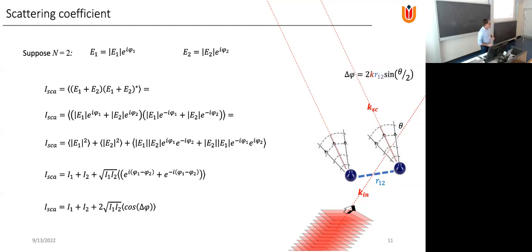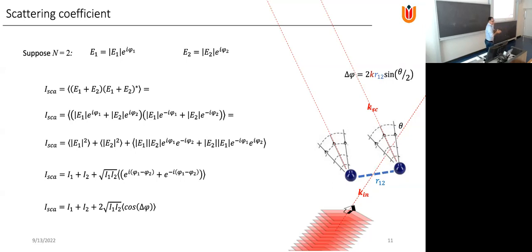So that phase difference, we could also calculate. It's here in the formula over there. So we have two particles that are located at some distance r12 from each other, some separation. They are illuminated with light coming in along some wave vector as before. And we now observe the scattered field from both particles in some direction given by ks.